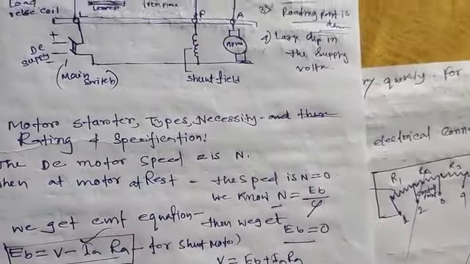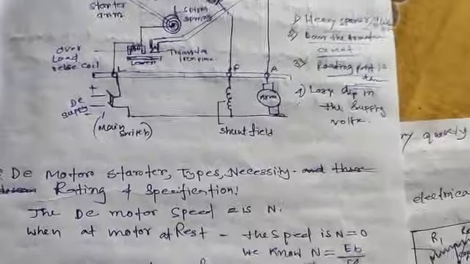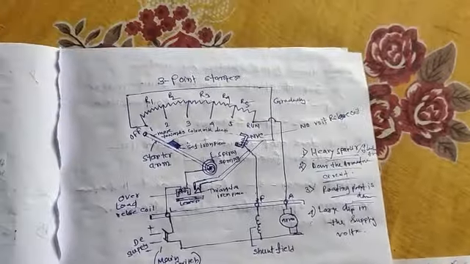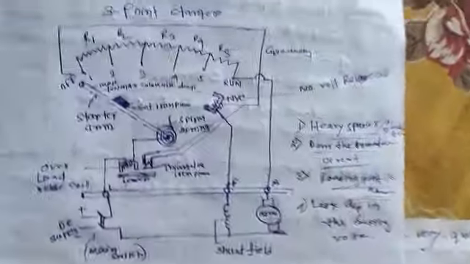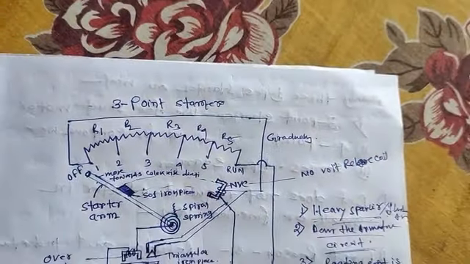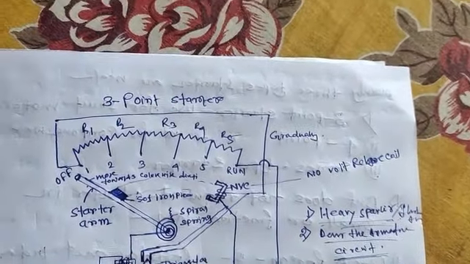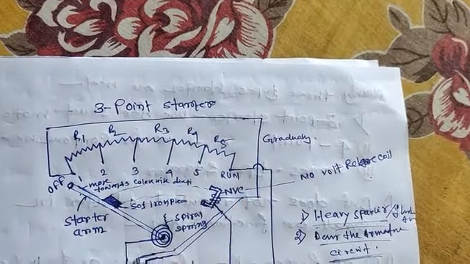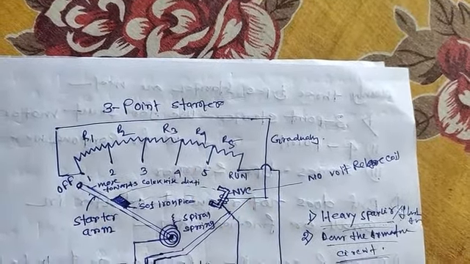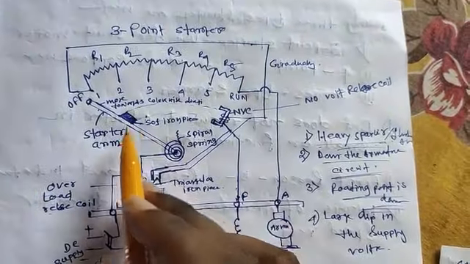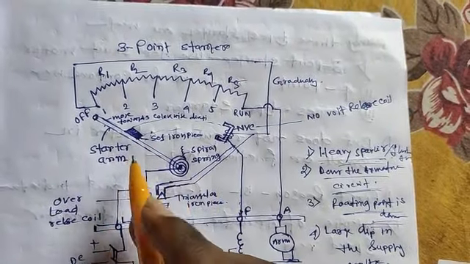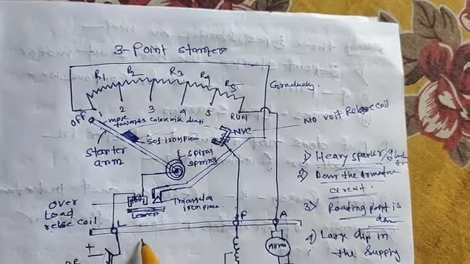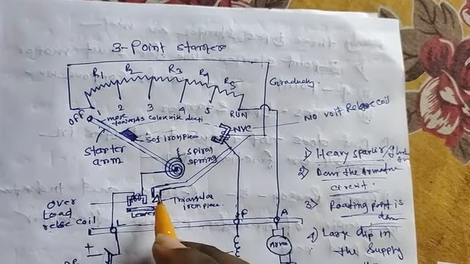But heavy kilowatt motors use starters, the 3-point or 4-point starter. Today I will discuss the 3-point starter. This starter is used for series and shunt motors. This is the electrical connection diagram of the 3-point starter. First we discuss the construction or connection diagram of this 3-point starter, then we discuss the working principle.